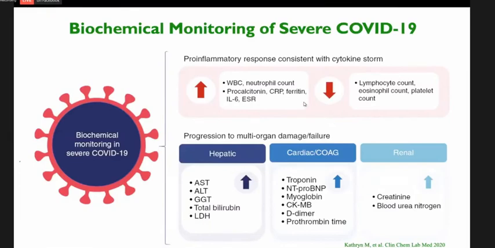Several published studies show changes in biochemical markers due to viral tissue damage, the immunological reaction against the viral infection, or lack of oxygen saturation in the severe respiratory distress syndrome associated with viral infection.